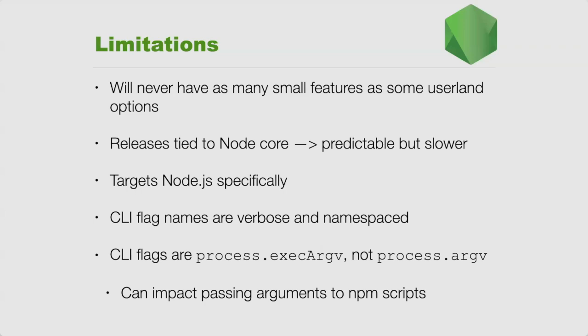Just in the same way that Node's HTTP module doesn't have all of the bells and whistles of a framework like Express or Fastify. That's just the nature of it being built into core. The other thing is that it is tied to Node Core's release schedule. So it's a predictable schedule. There's an LTS schedule. Node 18, which came out in April of 2022, is still supported.